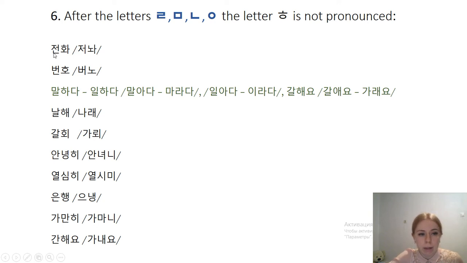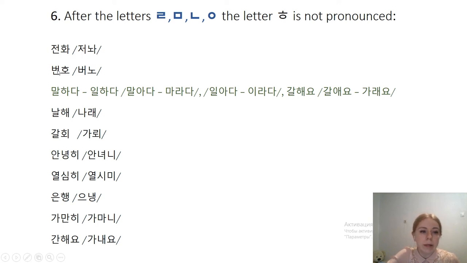You see n here in Pachim, but when you read this word, or when you write down the transcription, in such case you may move this n to the next syllable, to wa, instead of h. So you can read it like 전화. So you don't read it like 전화, but you read it without h, like 전화.